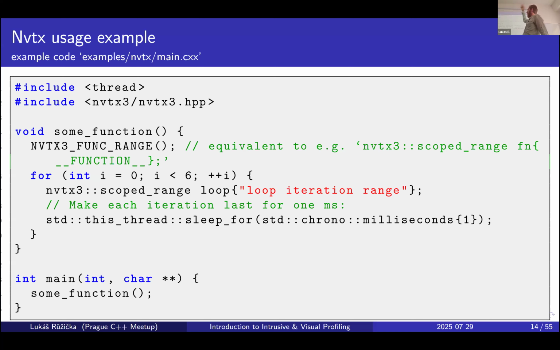But hopefully you can see the second include, and on the fifth line you see a function or macro, it doesn't matter. You call this, and it creates a marker for you through RAII. When it goes out of scope, it will properly terminate the marker or the tracer.